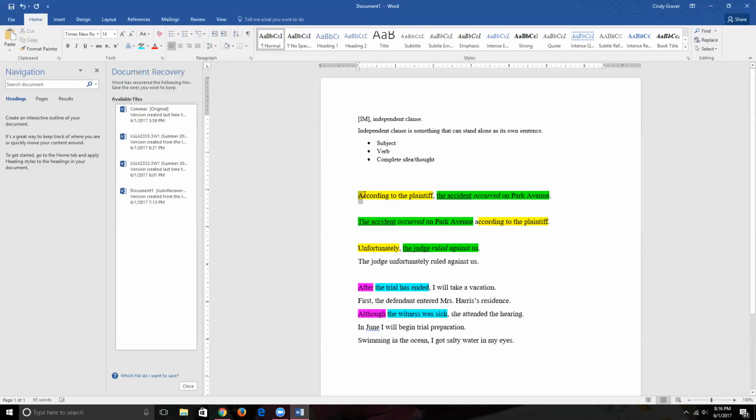Going back to our original, we have according. And then we have what comes after it. We have in. And we have what comes after it. And you can see how these words introduce the clause.